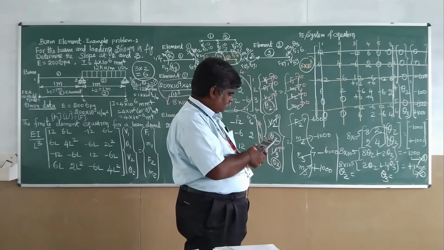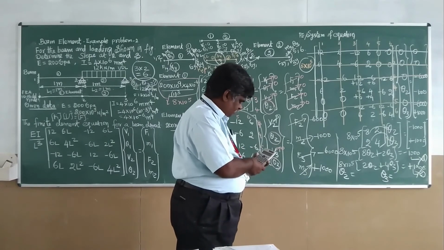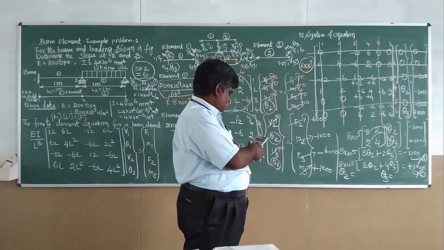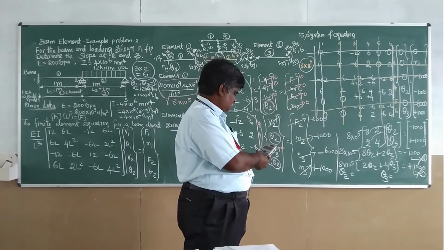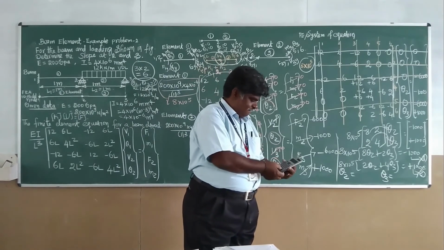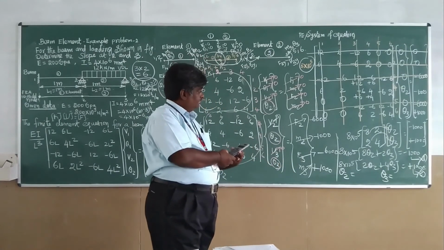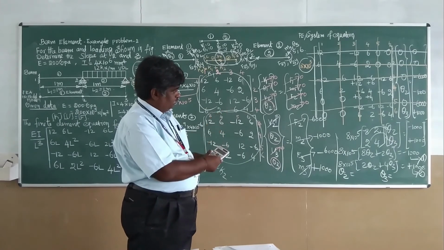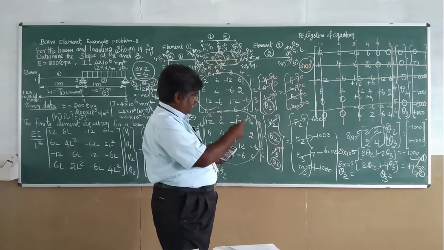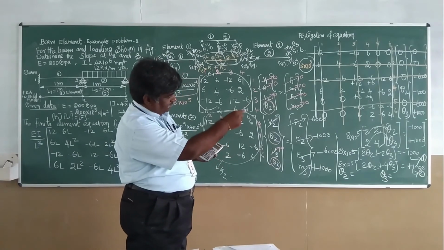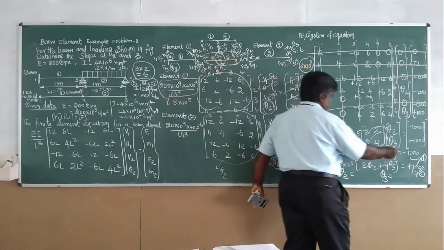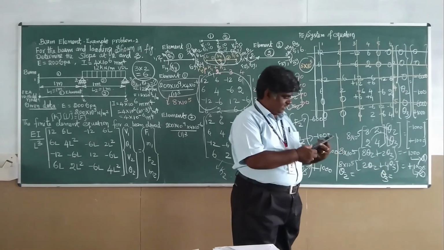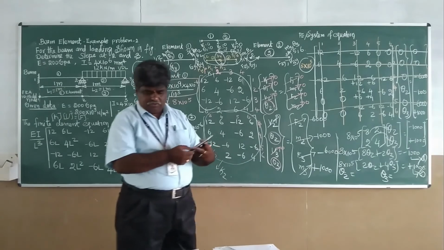Indicate the 8 into 10 power 5 into 8, then similarly 8 into 10 power 5 into 2, 8 into 10 power 5 into 2, then substitute all the numerical values, 1000 and minus 1000. Similarly, the second column. You are obtaining the value.